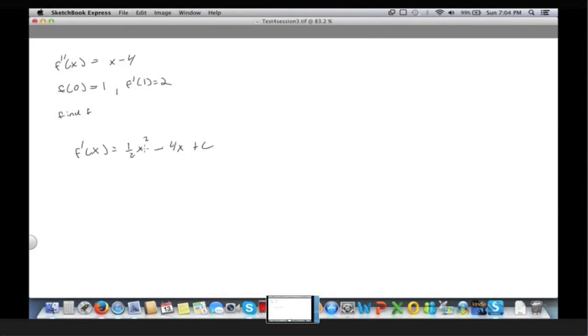And then if we take the derivative of this, it should give us x minus 4, so 2 times 1 half is 1, 2 minus 1 is 1, x.